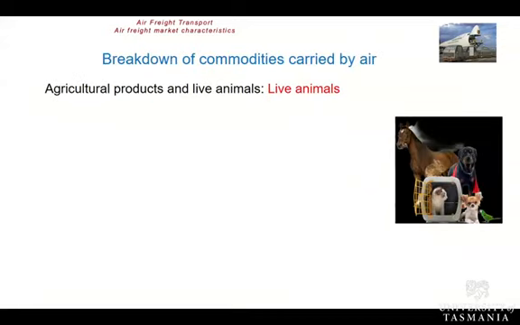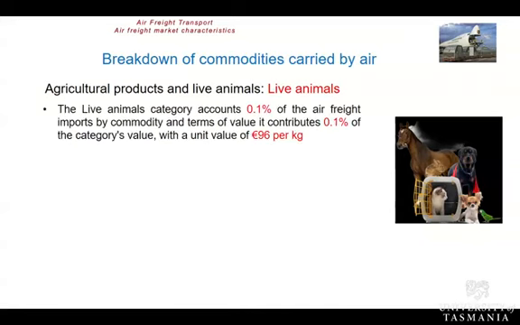Another discrete category that we isolated there were live animals. A very small category, but certainly if you're a marketing person from an air cargo carrier, one of the things about this particular category is it's quite discrete.